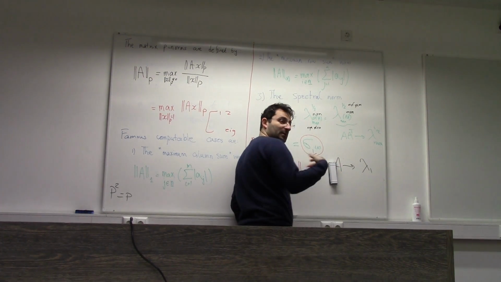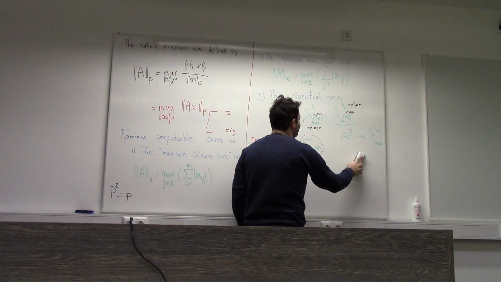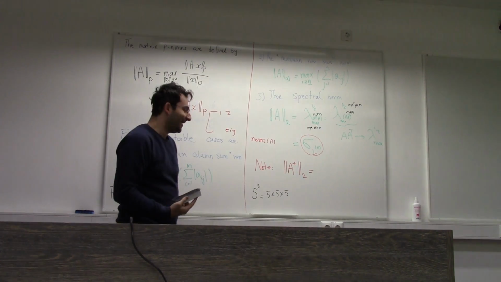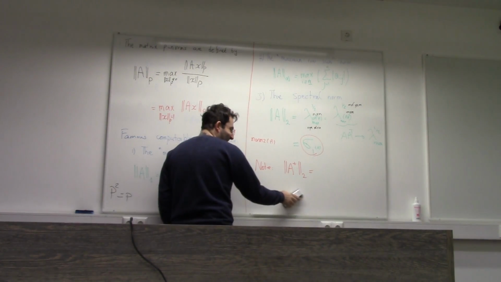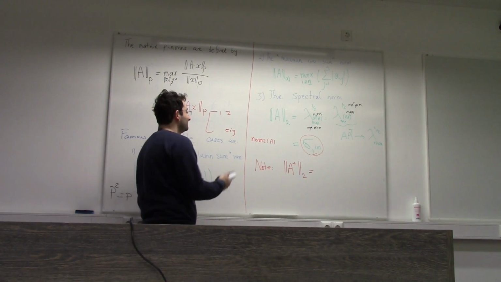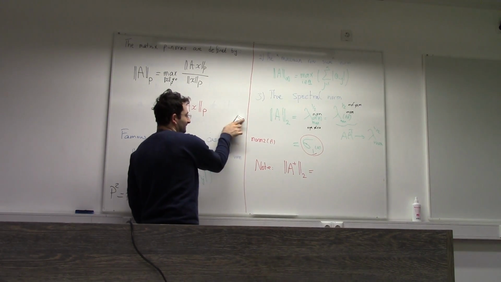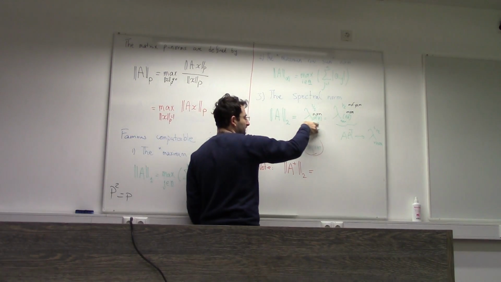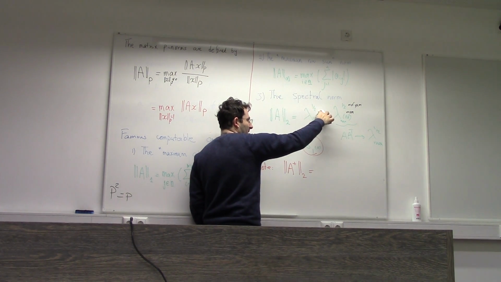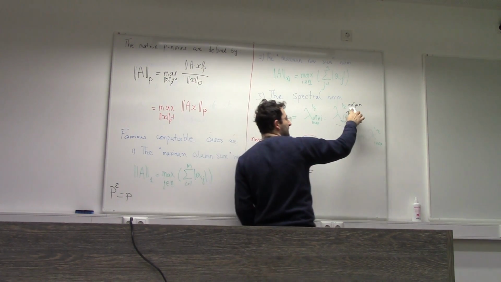Okay, now, you ask question, it's my turn. It's revenge. Can you tell us, what is this? The norm 2 of A plus.